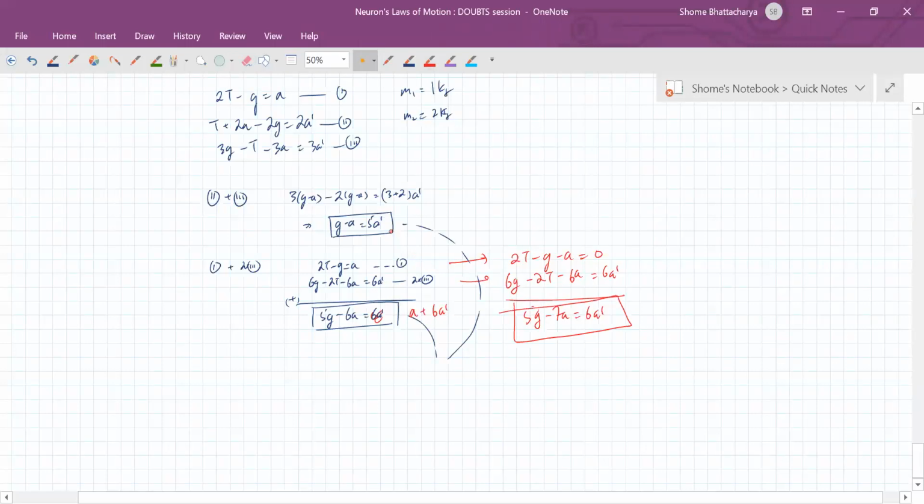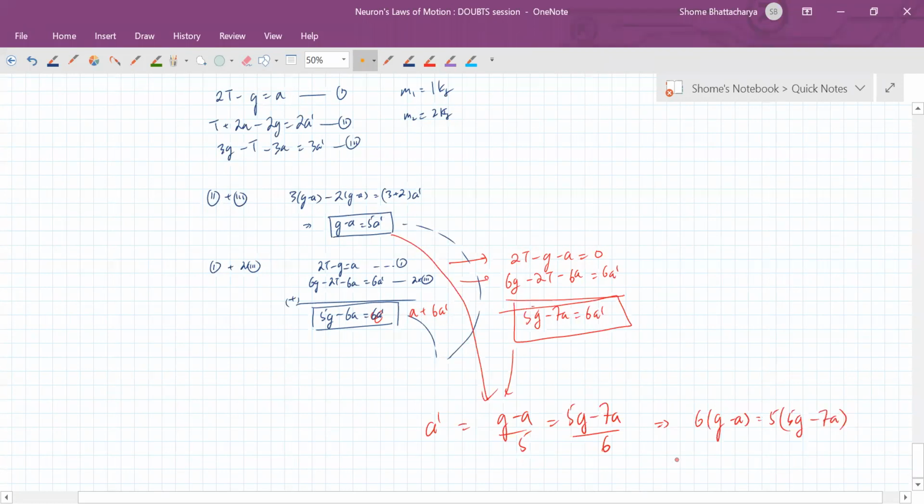So this and this now we will solve. So a prime from here is g minus a by 5, and from here is 5g minus 7a by 6. So 35 minus 6a, on the other hand, comes out to be 25 minus 6g.